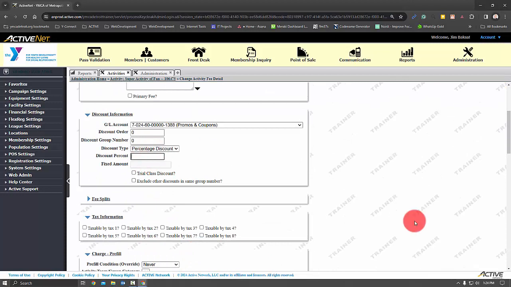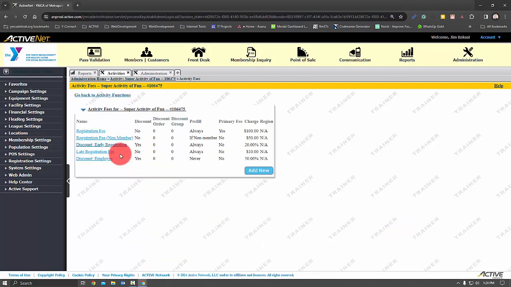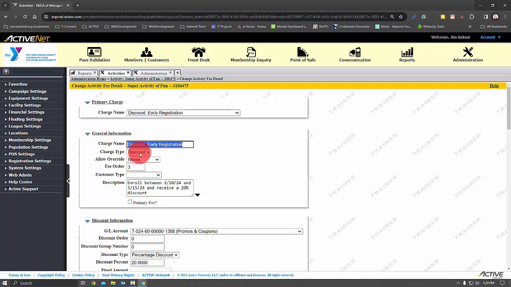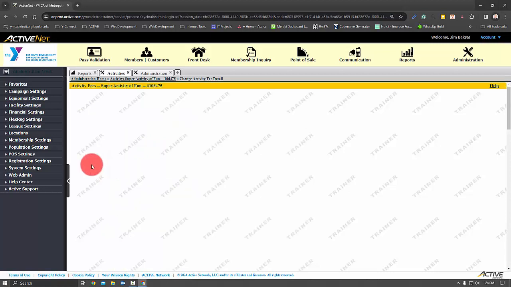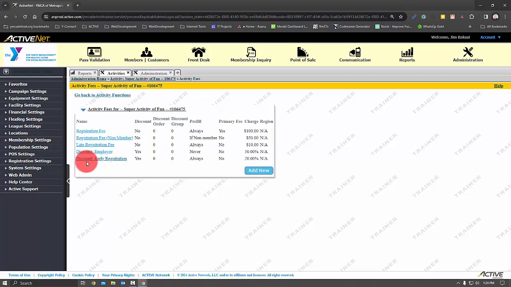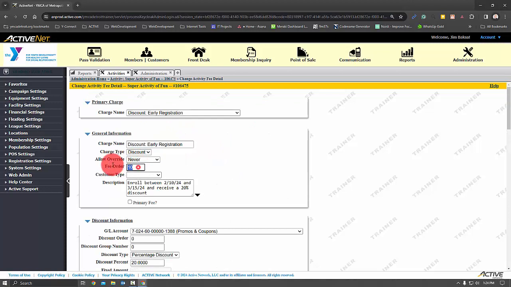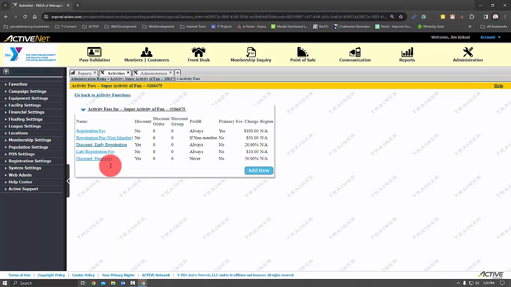I don't remember it off the top of my head right now. We'll do 50. I like to take my discounts and I like to push them down to the bottom. So I'm going to change my fee order here to 10. So you see how it pushed my employee discount down a ways. Don't know why my early registration is so high up there.